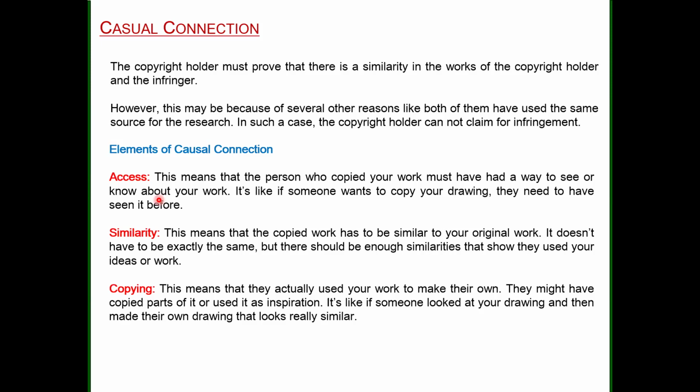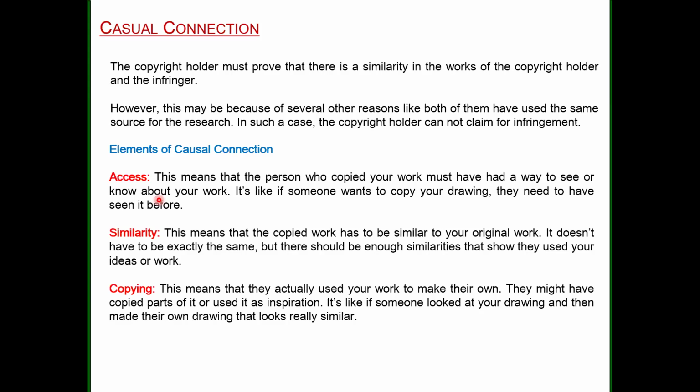If they have got access, he might have stolen, he might have copied. That is not fully proved, but he has got access. Whenever a person has got access, he has more chance of getting an infringement suit into his collar. Next comes similarity.